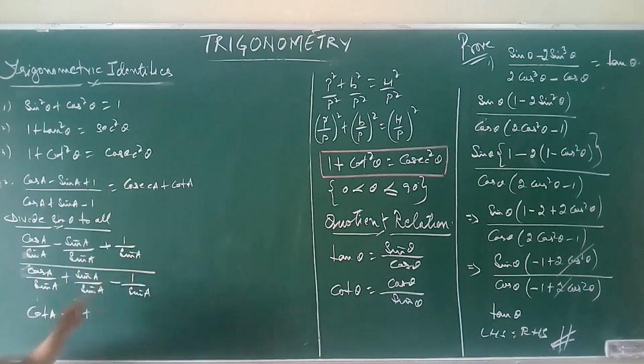The inverse of sine is cosec, so cosec of A. The whole is divided by, here cos by sine again is cot of A, sine cancelled, plus 1, and here the inverse of sine again, cosec of A.